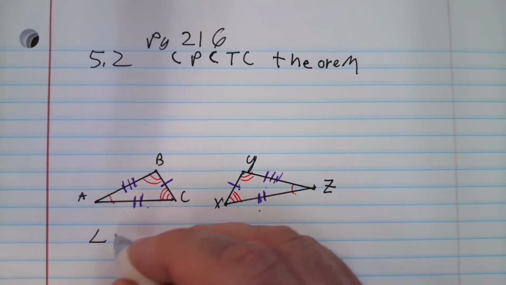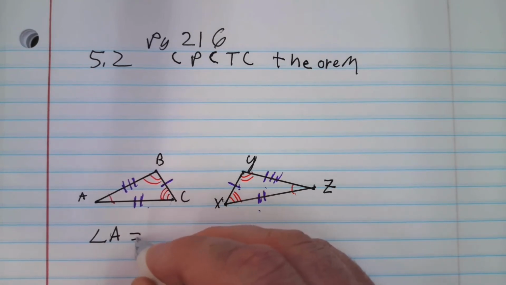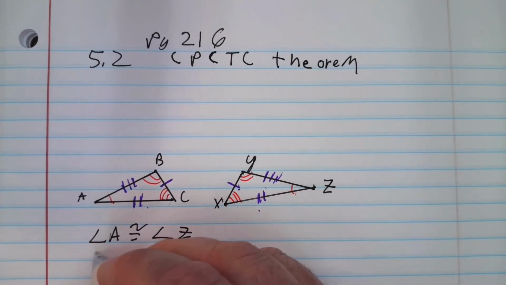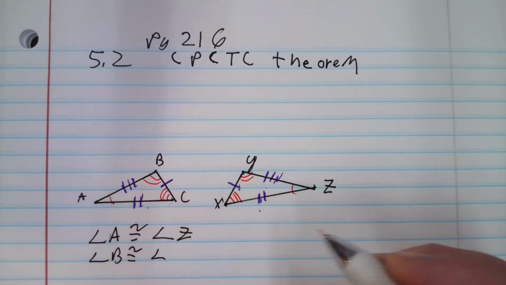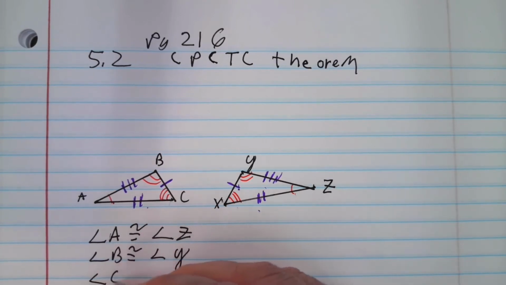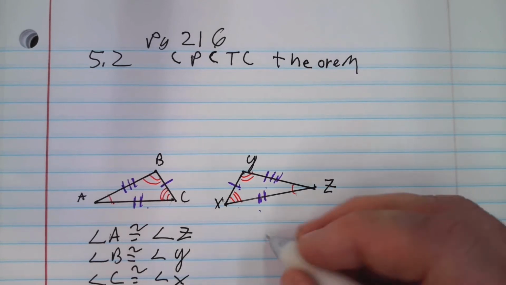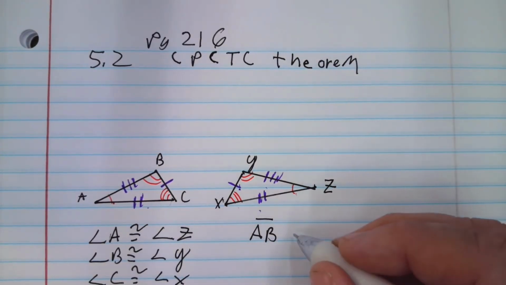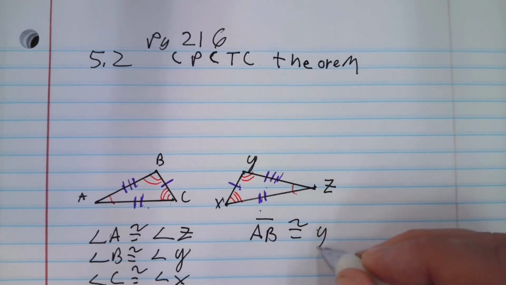So this means that angle A is congruent to angle Z. Angle B is congruent to angle Y. Angle C is congruent to angle X. Also, segment AB is going to be congruent to segment YZ.